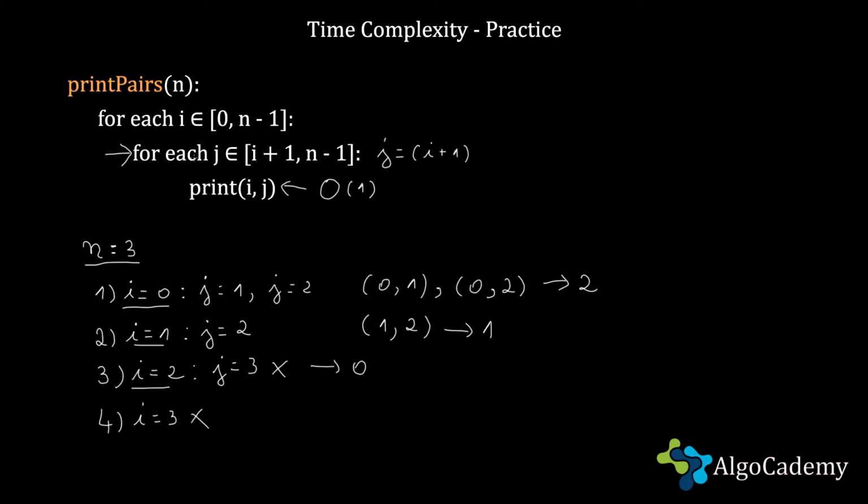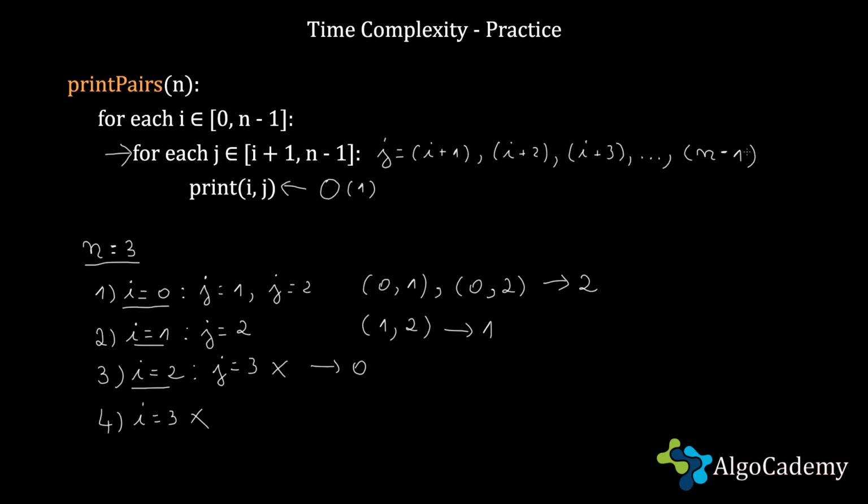Print this, go back, j gets increased and is going to be equal to i plus 2. Print this, go back, j gets increased and is going to be equal to i plus 3, print, go back, and so on and so forth until, of course, we hit the last value for j, which will be n minus 1. So on each different iteration of this for loop, j takes a different value in this set.